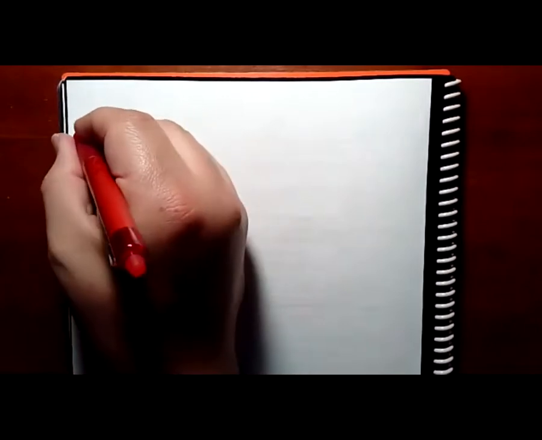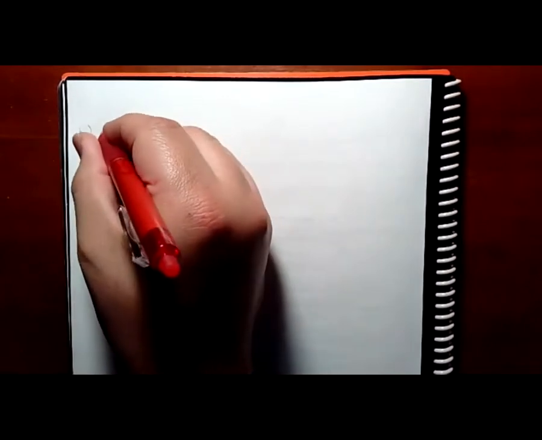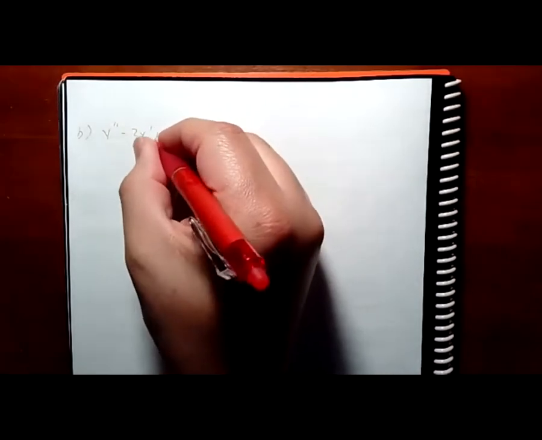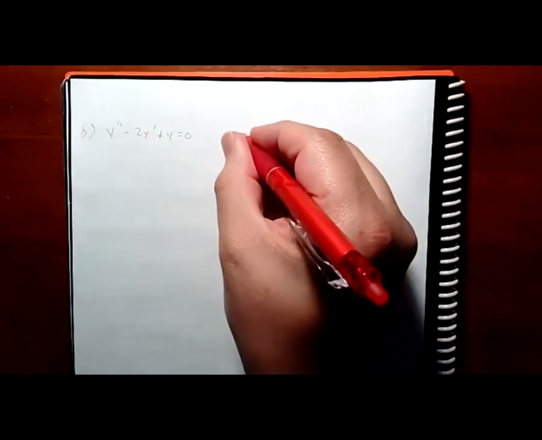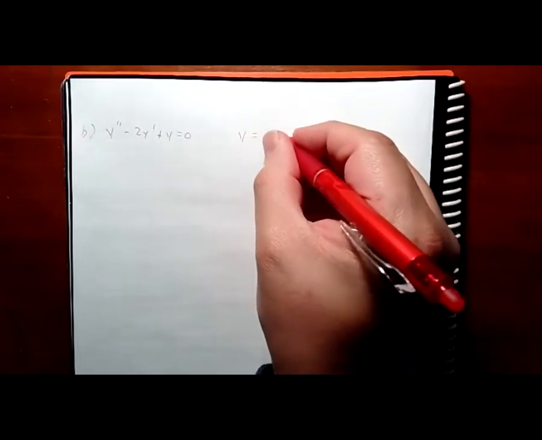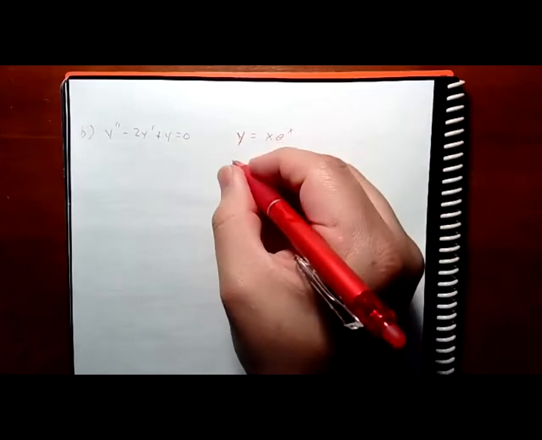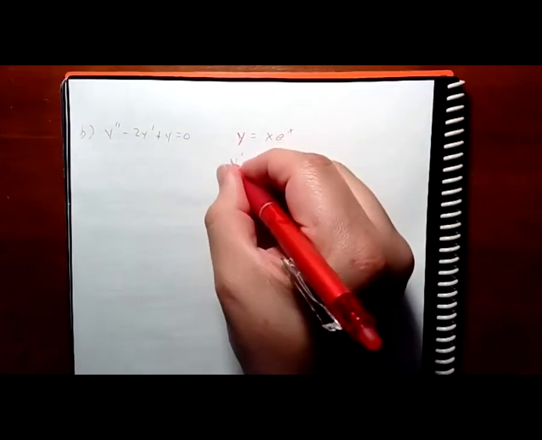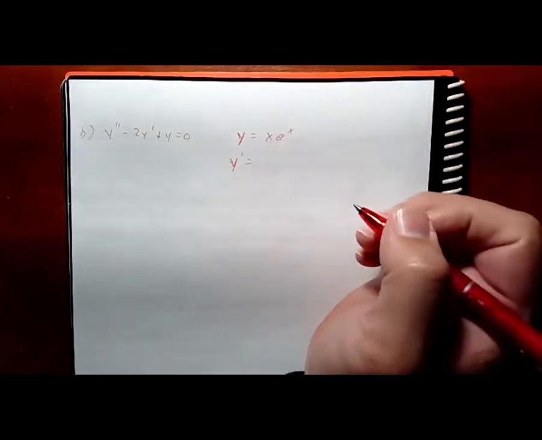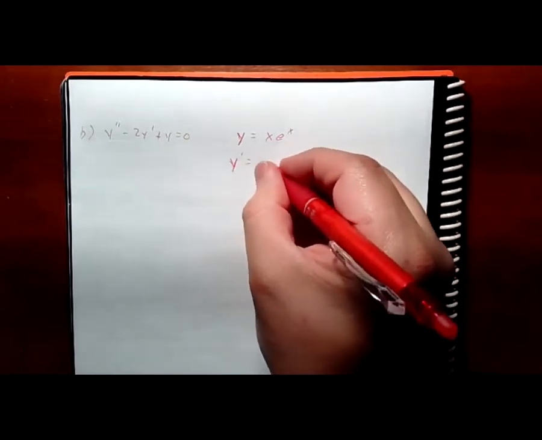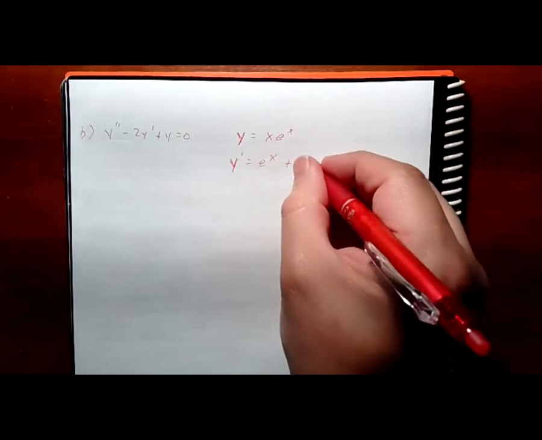Okay, we'll call this part B, I guess. So y double prime minus 2y prime plus y is equal to 0. Y is equal to x e to the x. So first derivative would be a product rule, right? So the answer would be this.